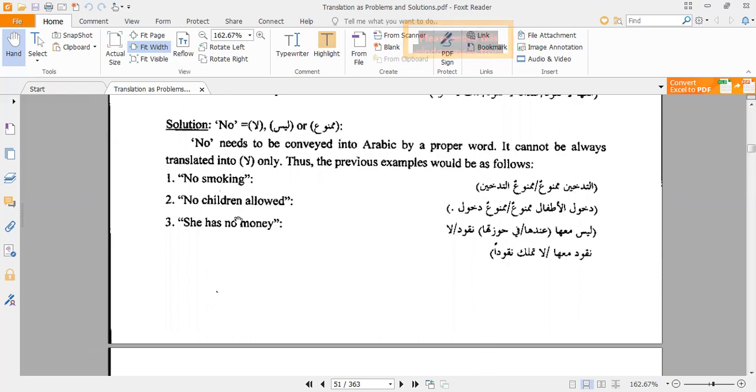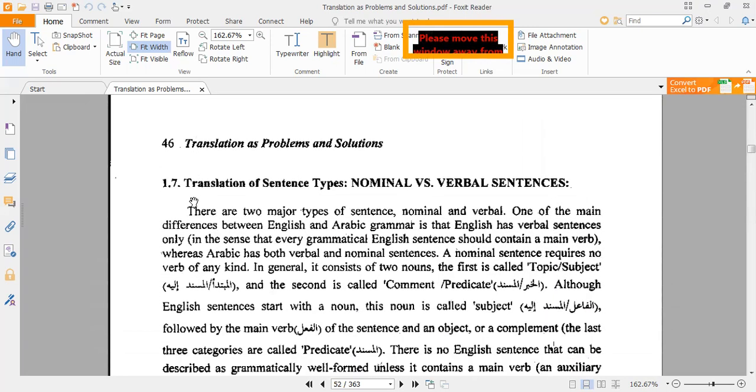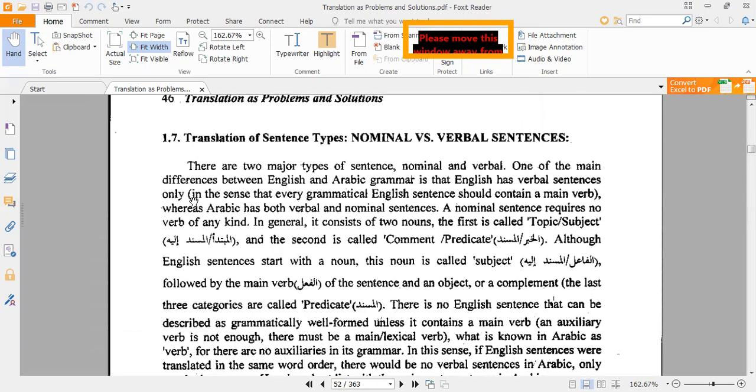So it doesn't always work to translate no as لا. Sometimes, for stylistic reasons, we can translate it as a lexical item such as ممنوع or something like this.